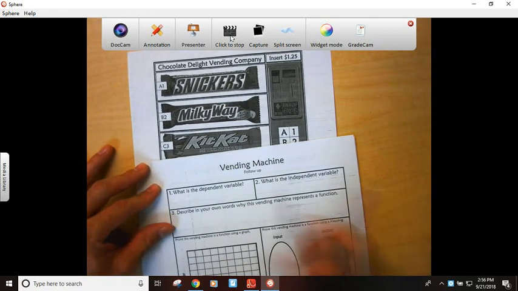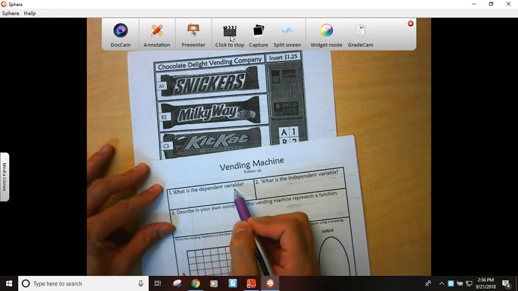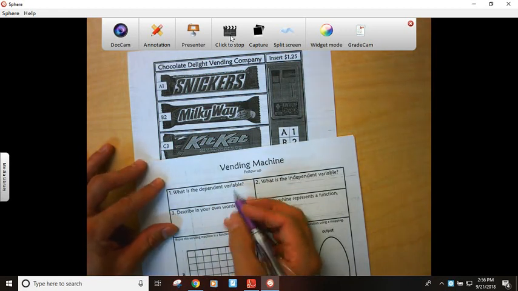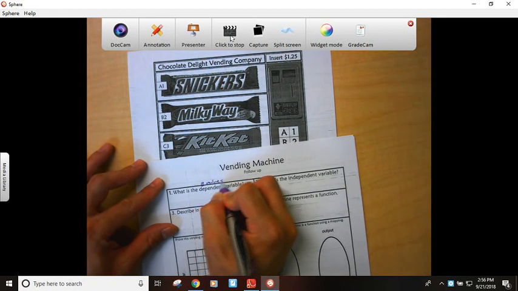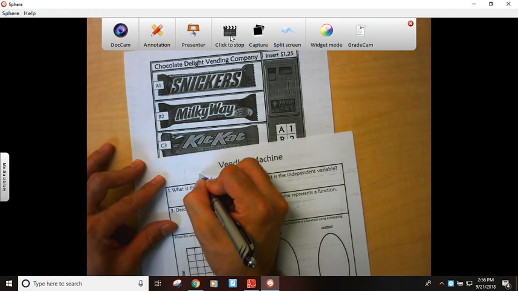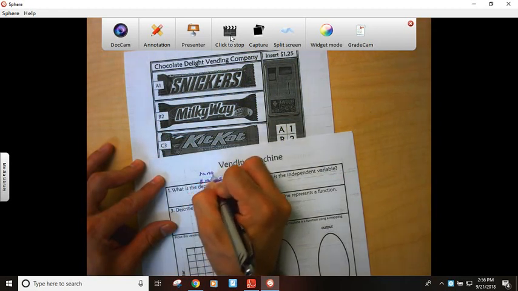Alright, first of all, we need to know what a dependent variable is. And if you recall, when we talked about that, the dependent variables are your y values. We also call them your ranges. Okay?